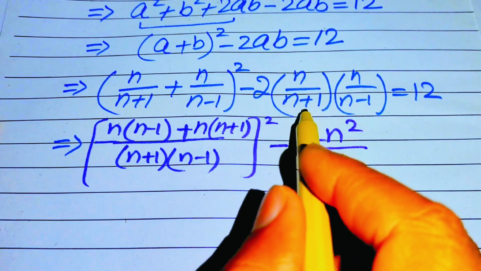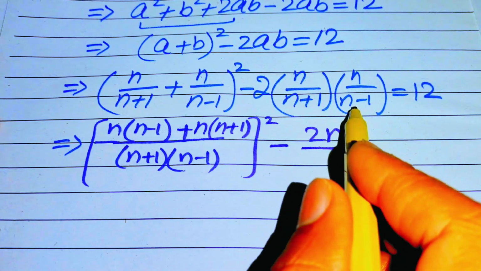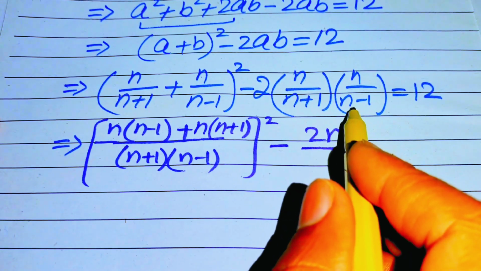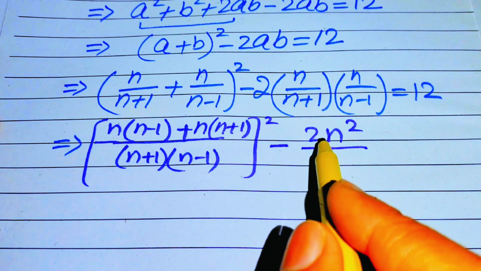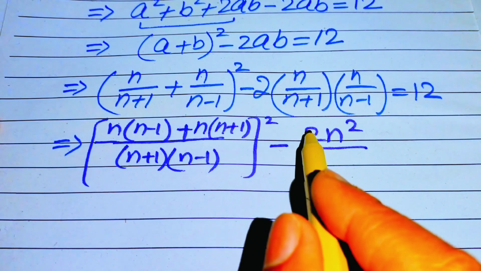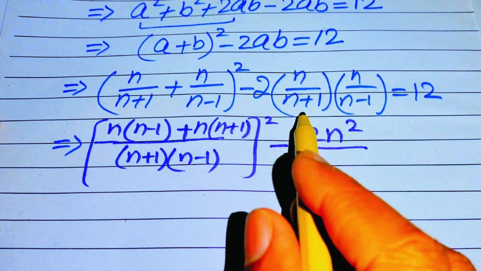And we use the identity, which is a square minus b square equals a minus b times a plus b.